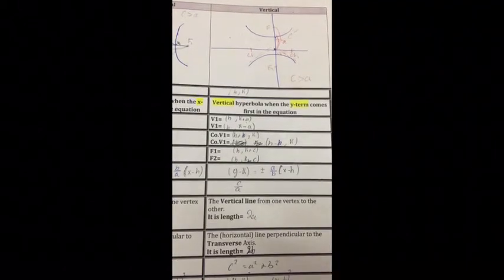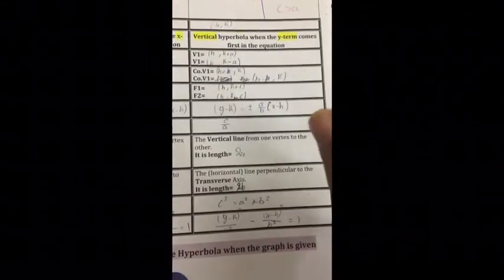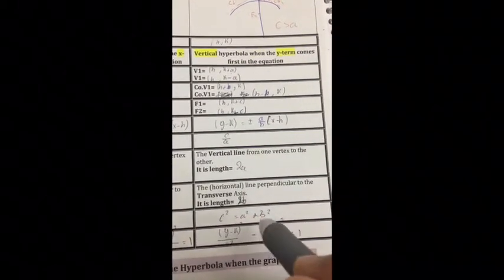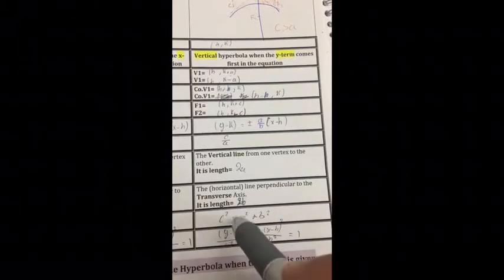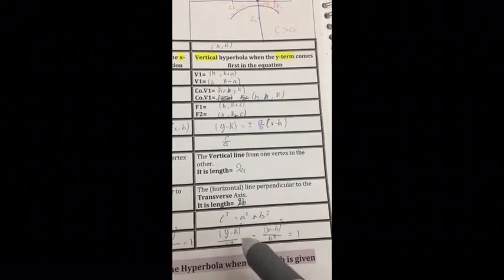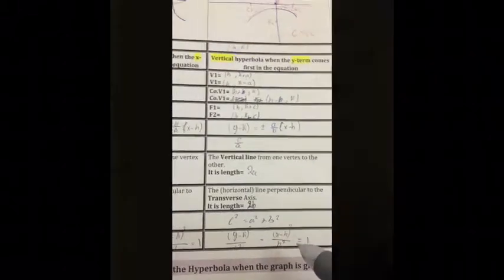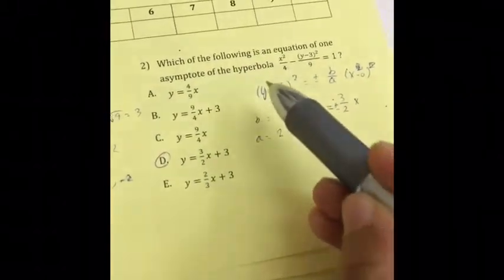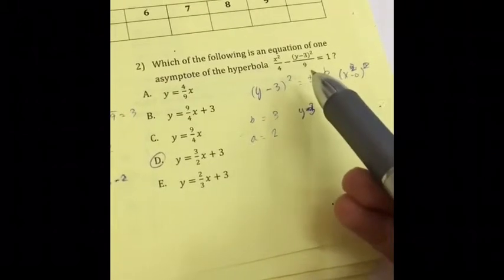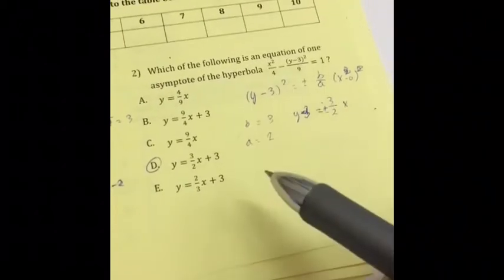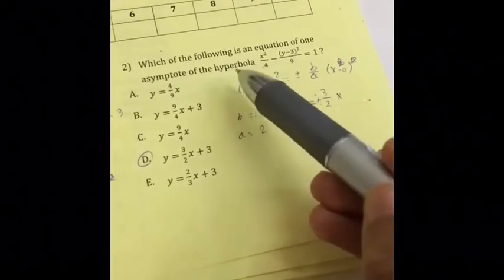The equation of this hyperbola is y minus k squared over a squared, because it is vertical, so the a squared will be under the y, minus x minus h squared over b squared equals 1.